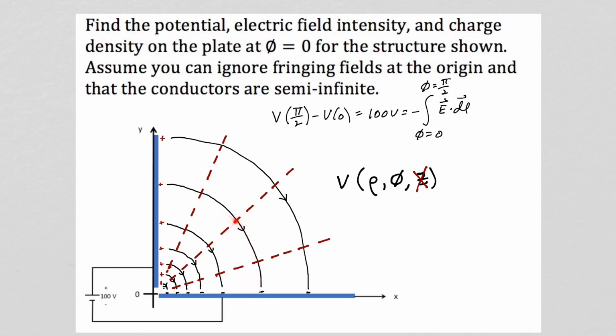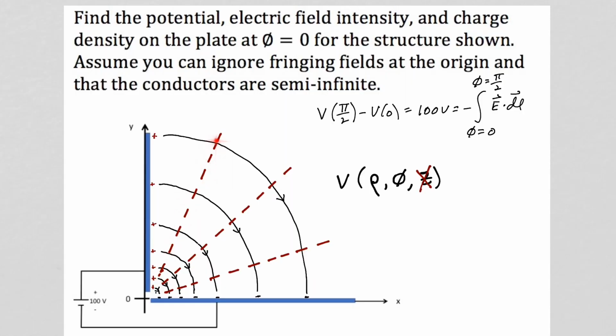So this plane is going to be at 50 volts. So the pi over 4 plane is an equipotential surface at 50 volts. A similar argument could be made for any phi plane, so the potential will not vary with rho because phi planes are equipotential surfaces.